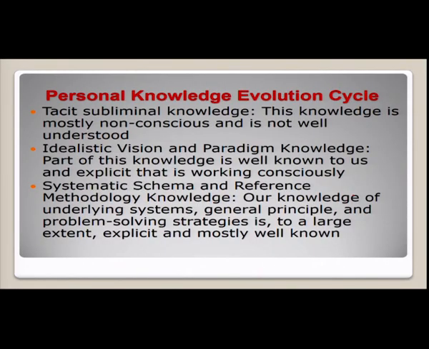Supposing we use a wrong methodology, your project will miserably fail. So, as a project manager or as a scrum master working with the scrum framework, or as an agile coach working with extreme programming, it is the responsibility of the scrum master or the agile coach to identify the correct process model so that success will be guaranteed. So, that becomes the systematic schema and the reference methodology.